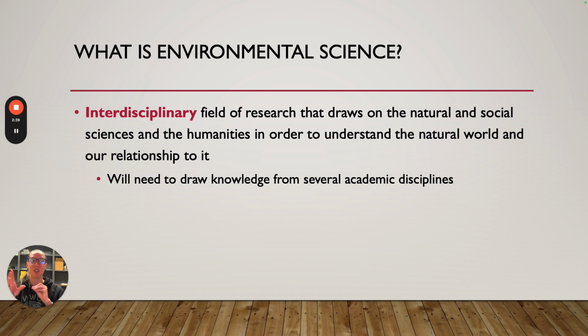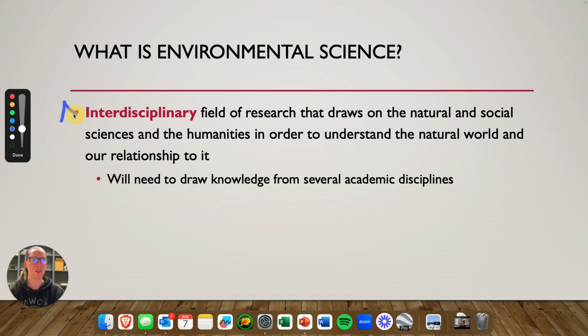So we really need to draw knowledge from several academic disciplines. That's what interdisciplinary means. You may have heard of this term before, maybe you haven't, so let's break down this word. A discipline would be a section or type of field, like any of the ologies, like meteorology, oceanography, geology. That's the study of weather, ocean, and rocks, respectively.